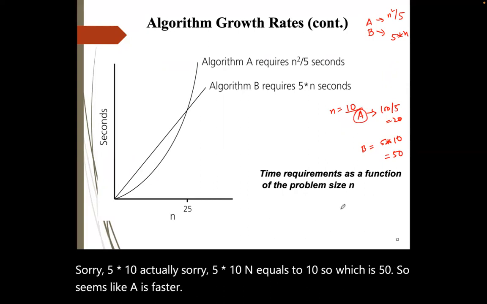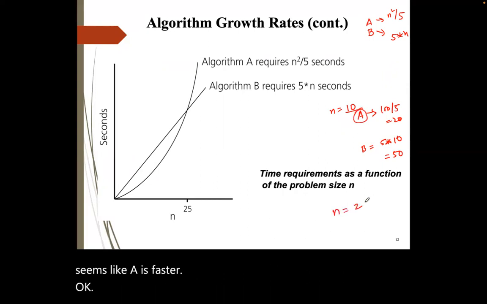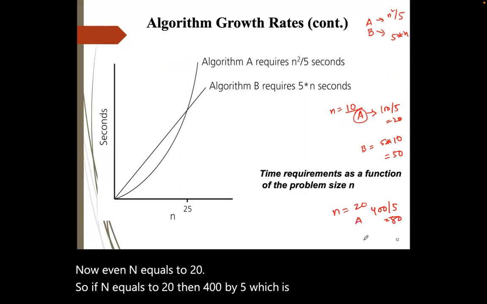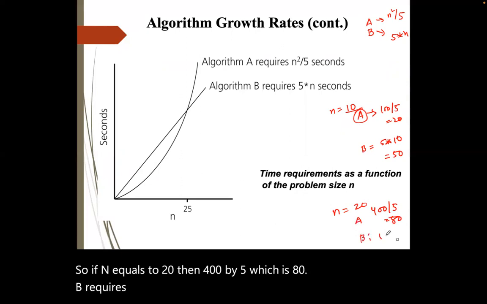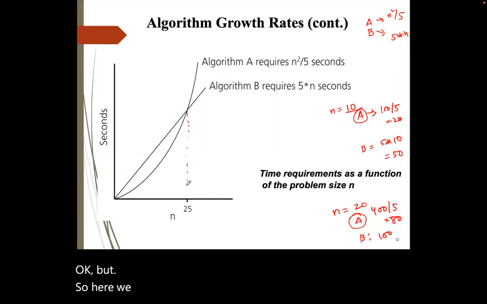Now let n equal 20. Then 400 divided by 5 is 80, and B requires 5 times 20, which is 100. Still A is faster. But here we are going to find a point where n becomes 25 or more.